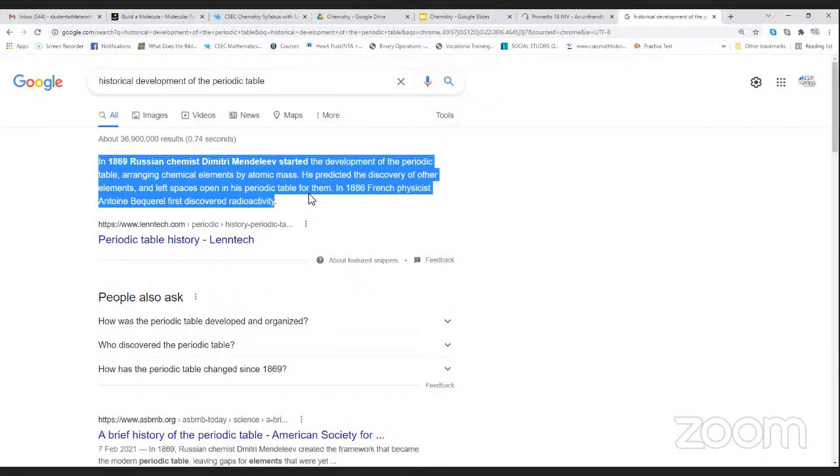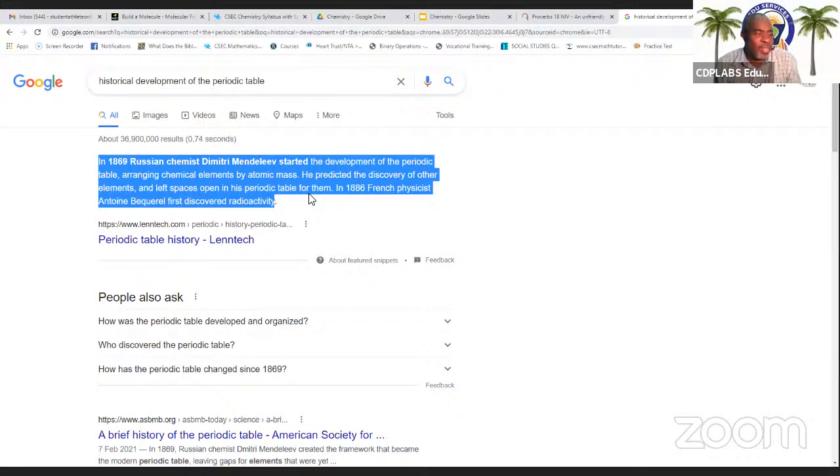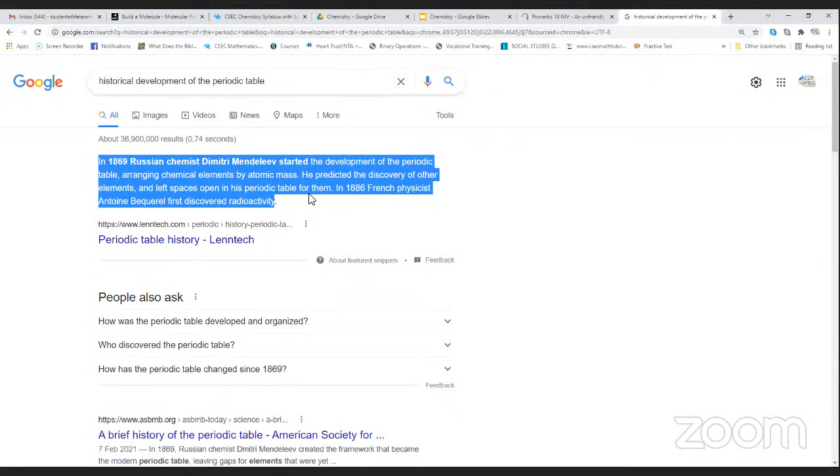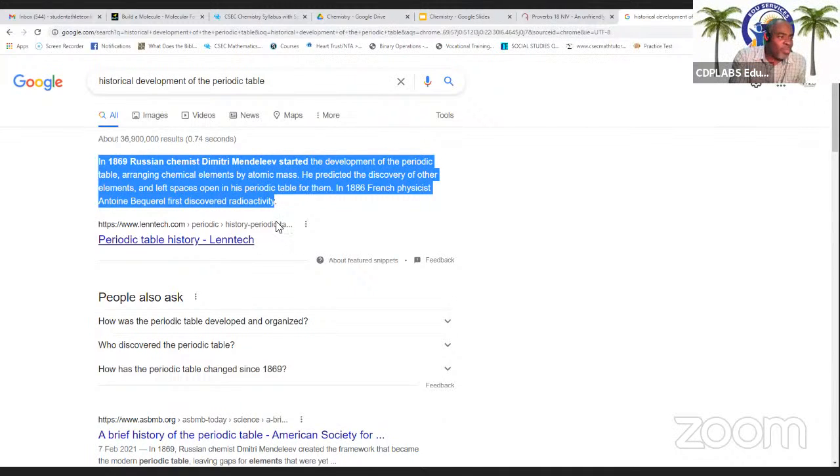In 1896, French physicist Antoine Henri Becquerel discovered radioactivity.